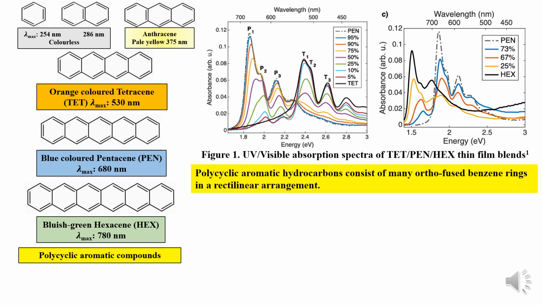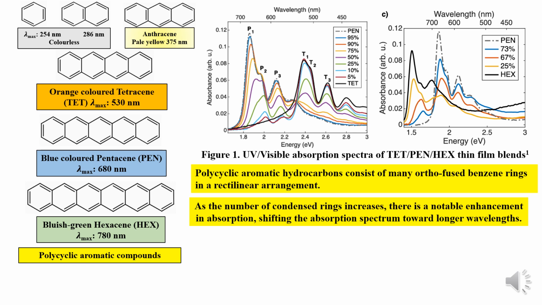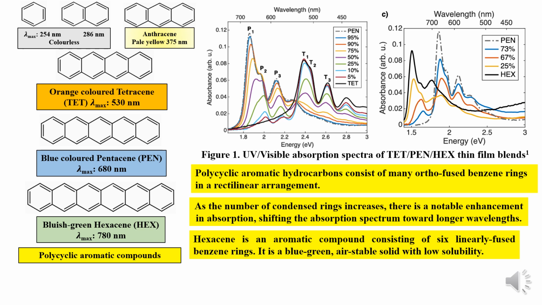So polycyclic aromatic hydrocarbons consist of many ortho-fused benzene rings in a rectilinear arrangement, where you find extended conjugation. So as the number of condensed rings increases, there is notable enhancement in absorption, shifting the absorption spectrum towards longer wavelengths, that is in the visible region. So the visible region is a low energy region of longer wavelengths. So hexacene is an aromatic compound consisting of 6 linearly fused benzene rings, and that is why it is colored, because it absorbs in the visible region.